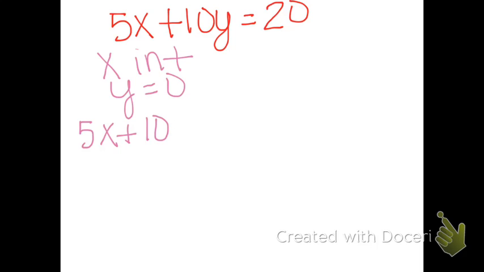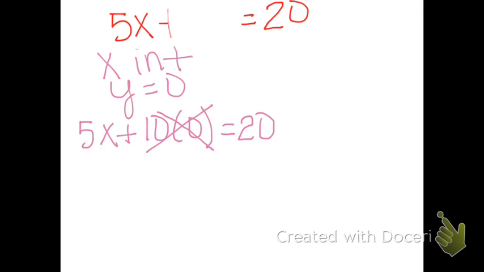Now when we plug in 0 for y, you'll see that the y term completely goes away. 10 times 0 is 0, so we don't even need to write that. Essentially, it's like we went in and we erased the y term completely and set 5x equal to 20.